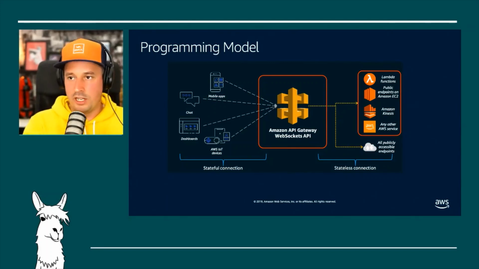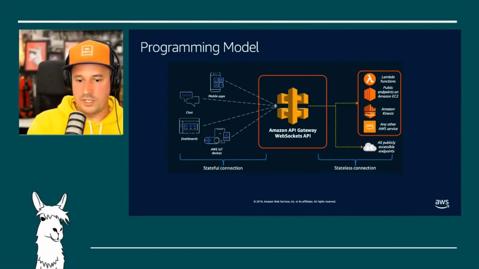You might host it as a URL in Azure or in some other cloud system. So API Gateway maintains the stateful connection and then just sends RESTful message requests to the different services.